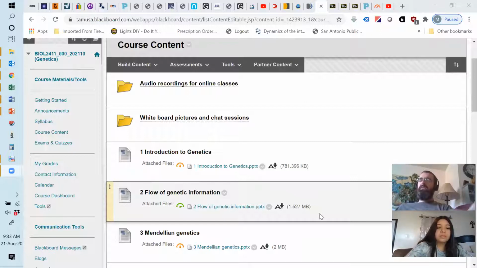Essentially these Zoom sessions are intended to be a mix of a little bit of lecture and some office hours, basically an opportunity for you to ask questions, right?